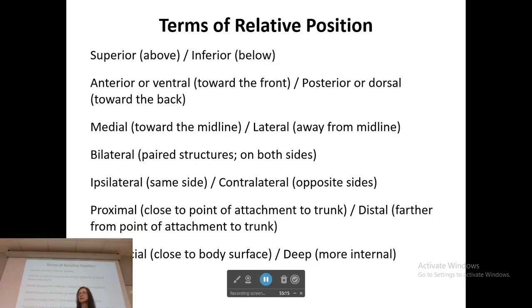Let's see, what's another example for you? The pericardium. Remember we talked about the pericardium. Which layer is most superficial of the pericardium?